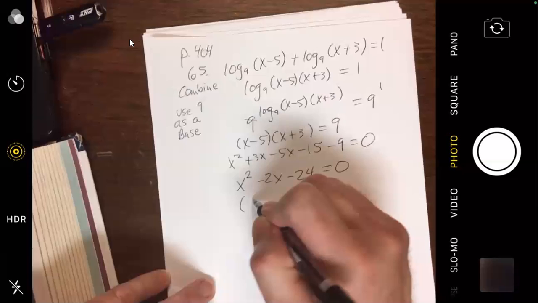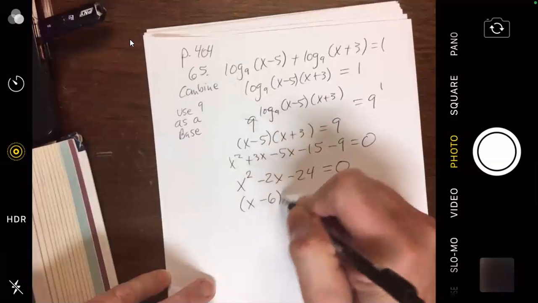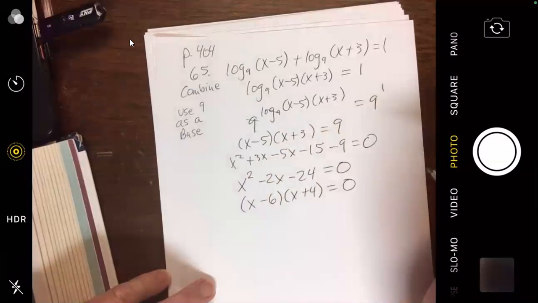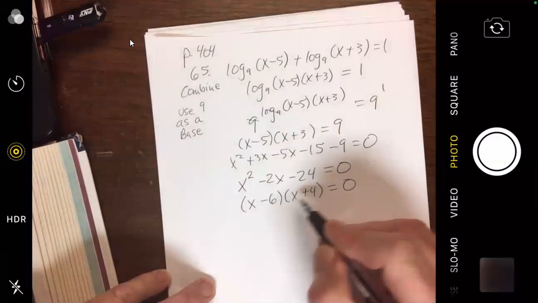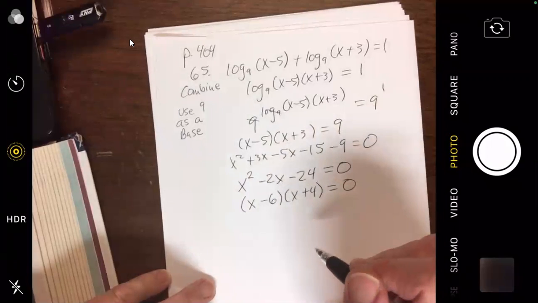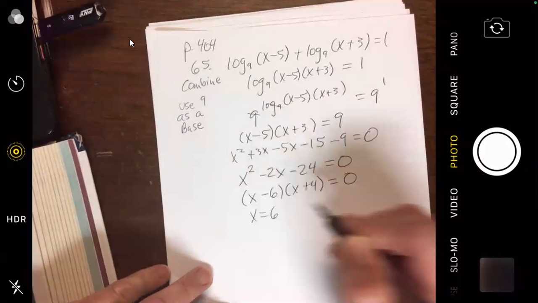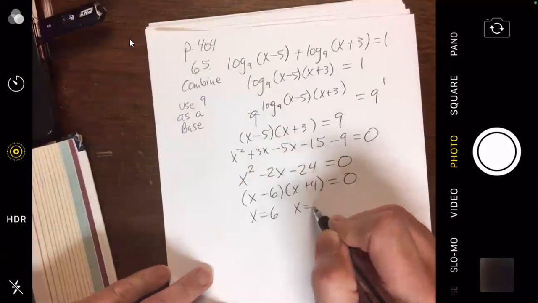And that's going to give you x minus 6 and x plus 4, which adds to negative 2 and multiplies to minus 24. And that's going to give you x is 6 and x is negative 4.